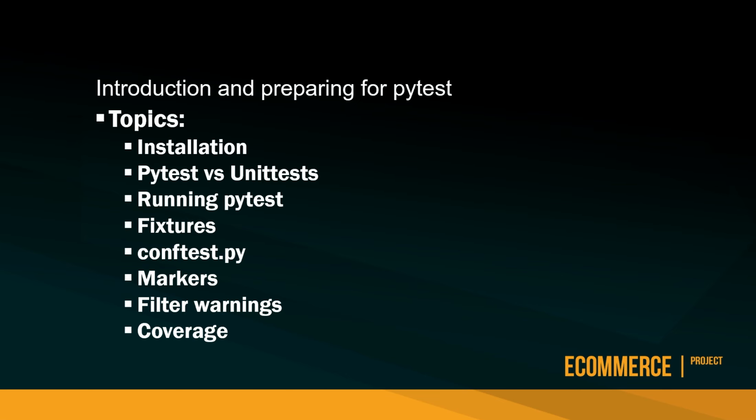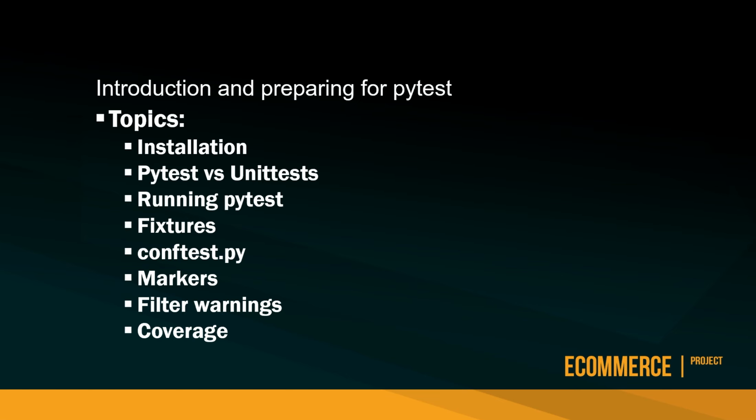We can do that by utilizing this conftest.py file. This is a file which Pytest will look for before it starts to run the tests. What we can do in here is add our fixtures, and I'll give you an example in a minute where we build our database and then utilize that when we run any of the tests that we want.